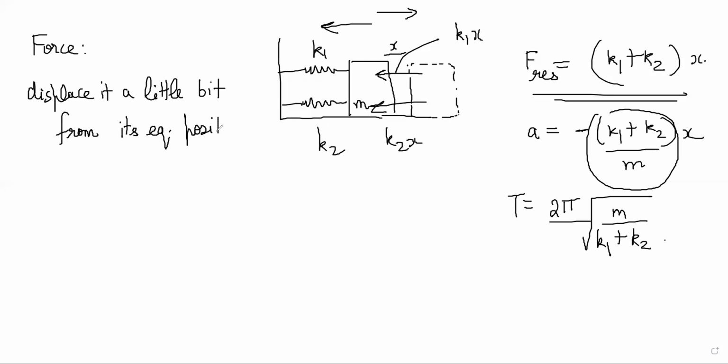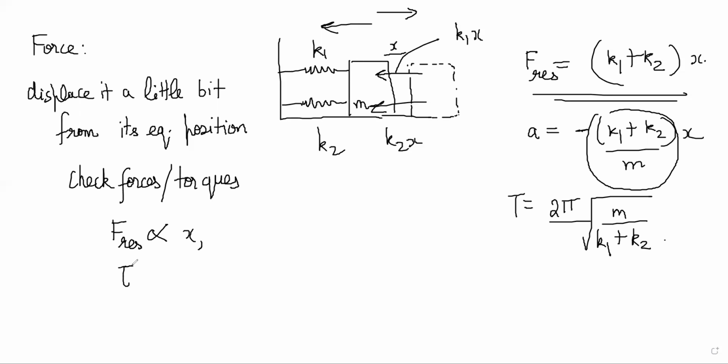You should get that restoring force is proportional to x, or restoring torque is proportional to theta. If you get that, the constant of proportionality becomes the k, and then acceleration is minus k by m into x, and then you can get the time period. That is the force method of solving SHM questions.